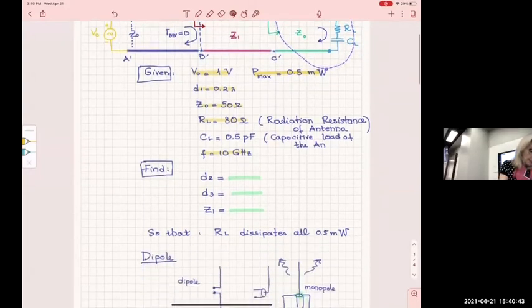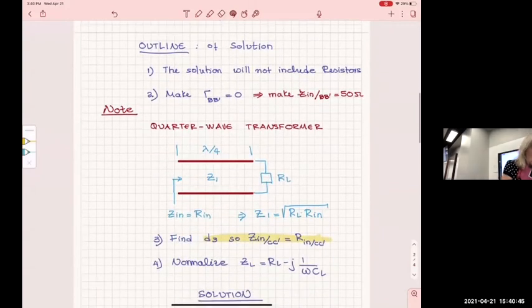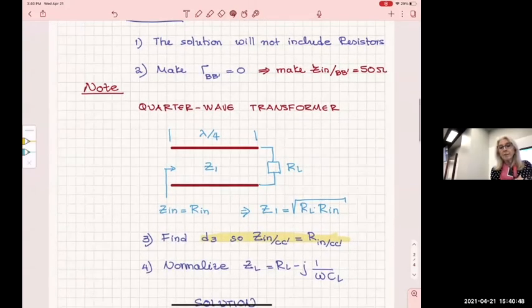It has to be completely real because of this concept of the quarter wavelength transformer. The quarter wave works only if it has a real load at the end and can transform it to a real load. So one real load transforms to another. And if I know the real load, and if I know what I want it to transform to, then I can find Z1.